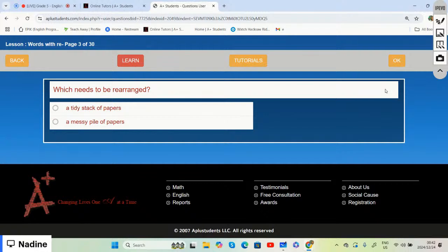Which needs to be rearranged? Remember, we said the word re means again. So now it says which needs to be rearranged.